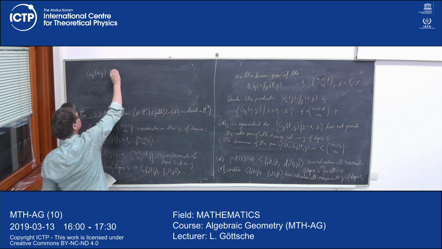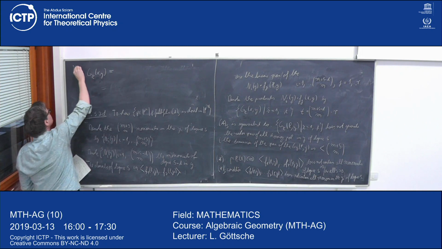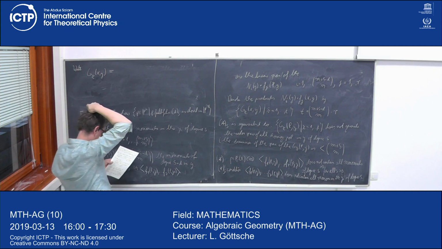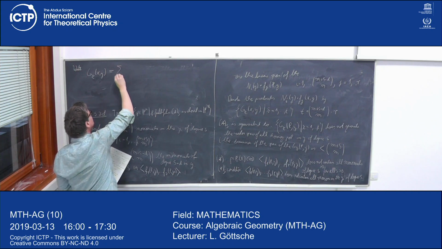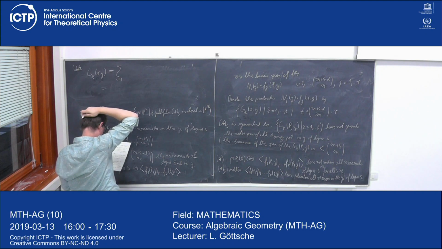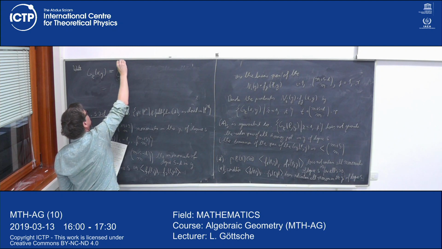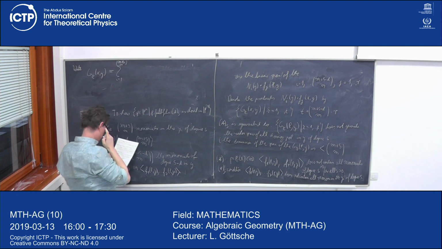So I can write this equal to the sum over I equals 1 to m plus s choose m, so as many monomials.